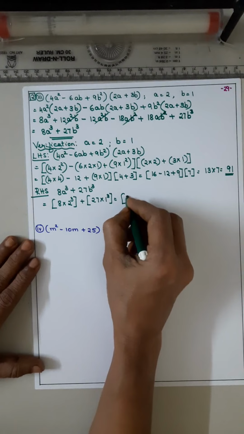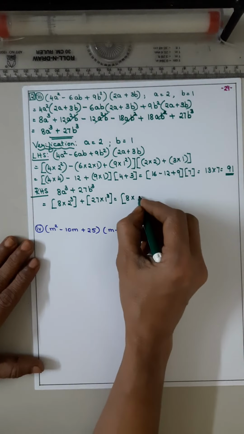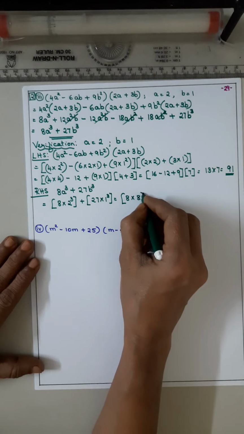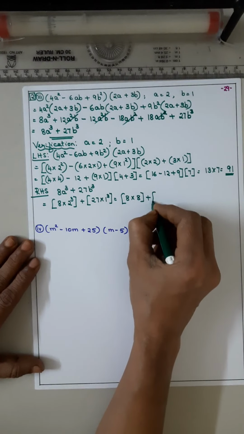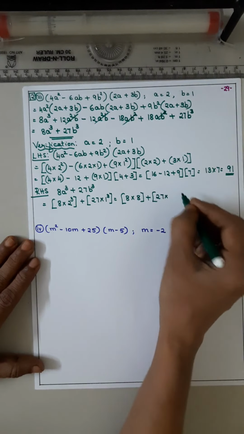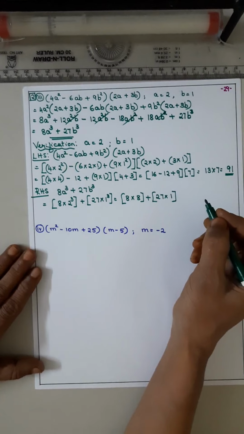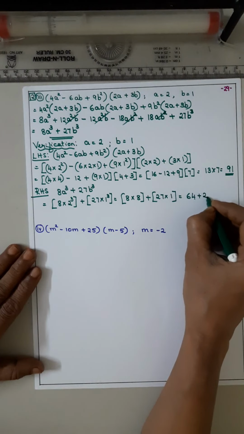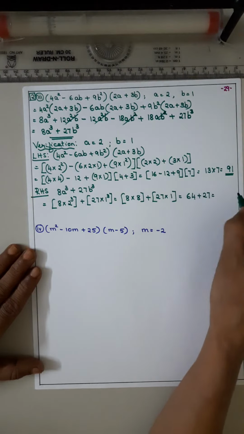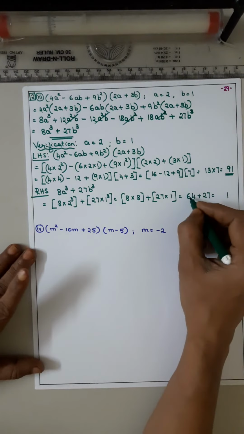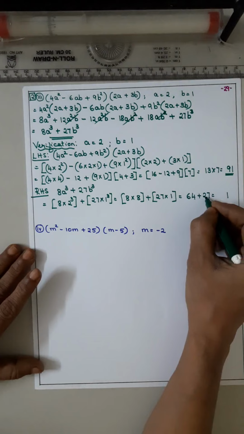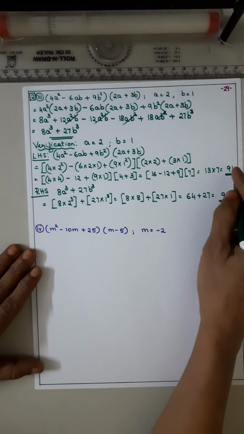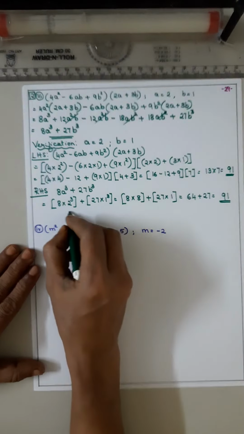That is 8 into 2 cube: 2 2s are 4, 4 2s are 8, plus 27 into 1 cube is 1. So you got 8 8s are 64 plus 27, which is 91. So this and this same.